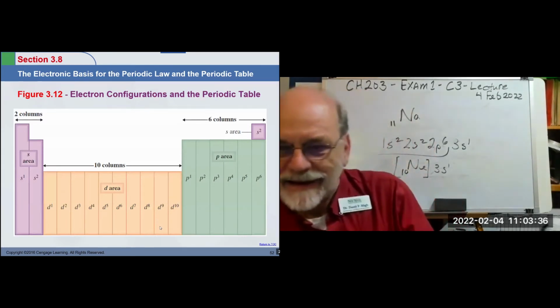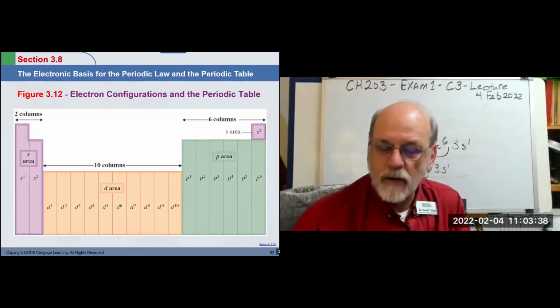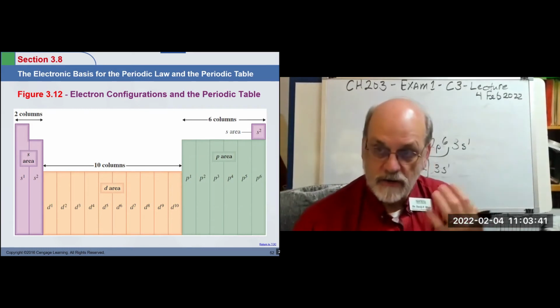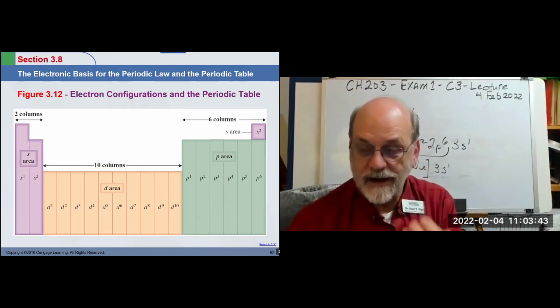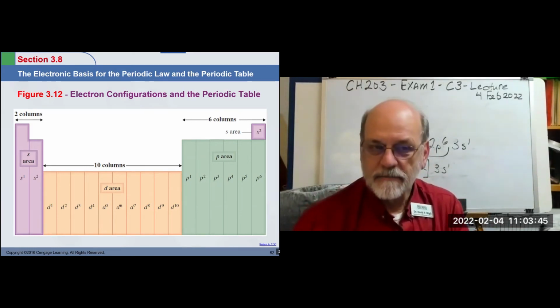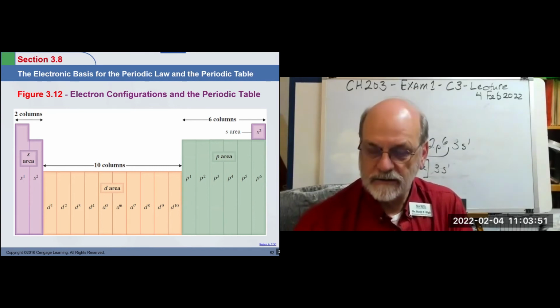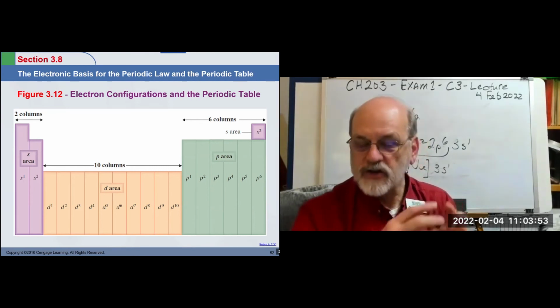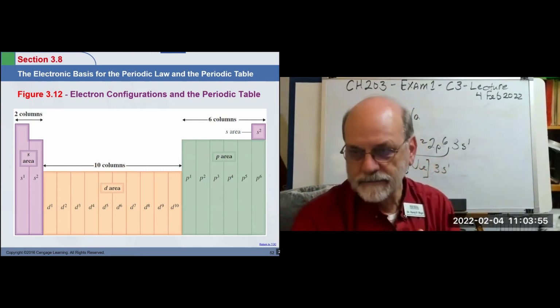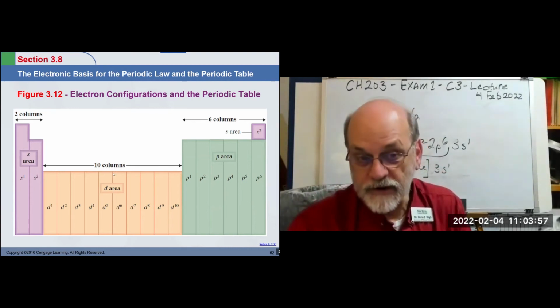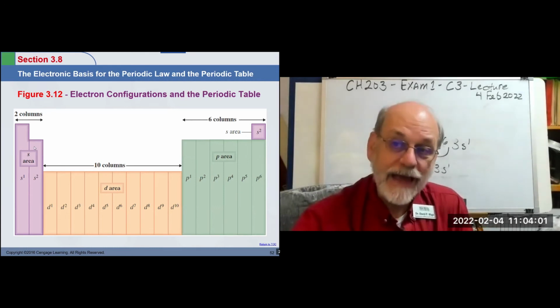Okay, now that we have an idea of how to structure the electrons in an atom, we can see the arrangement in the periodic table. Which orbitals are being filled as you move from left to right? Well, if you're in this region, where you have these two columns, you're filling s orbitals.